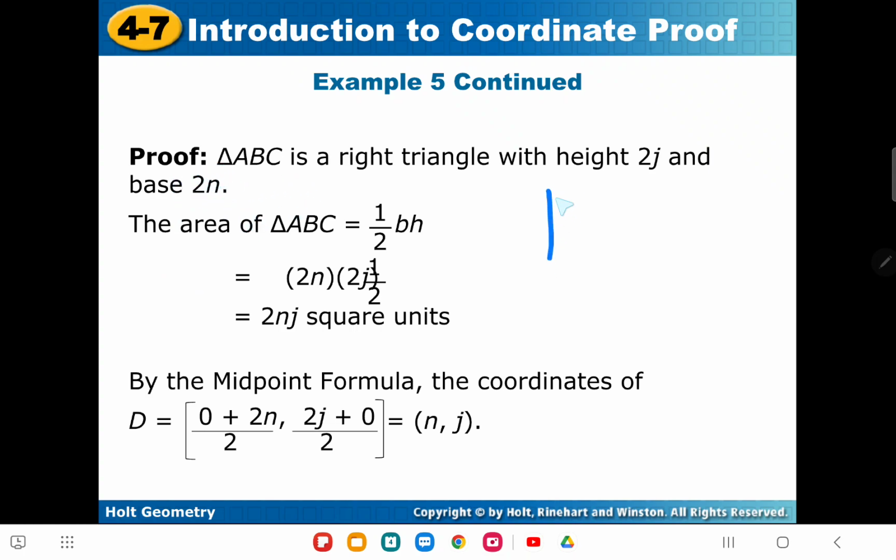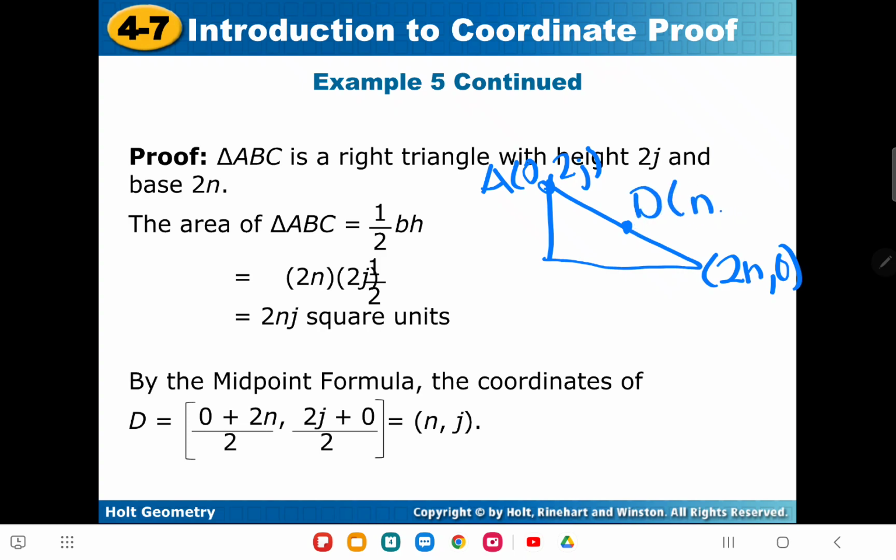So again, looking at this, (0, 2j), (2n, 0). D is the midpoint of this segment, so it is going to be at (n, j).